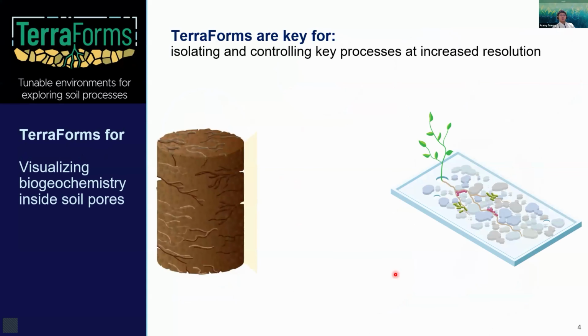So what is Terraforms? For those who don't know, it's a general platform for making higher resolution, reduced complexity platforms for observing different biogeochemical processes in soil aggregates or soil cores.